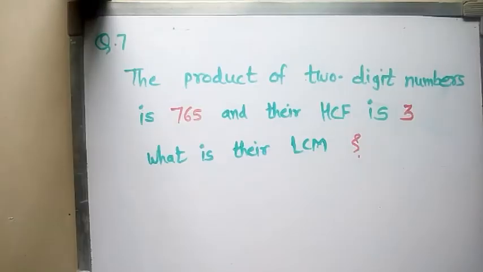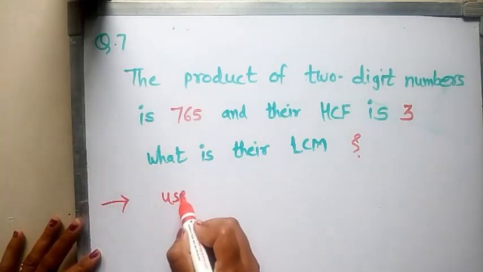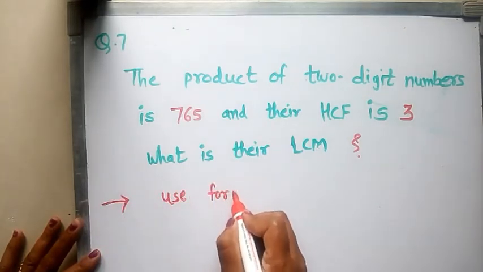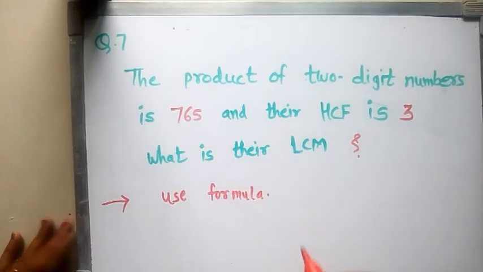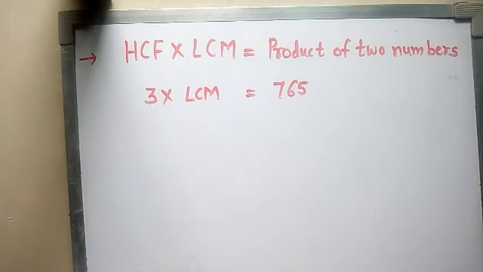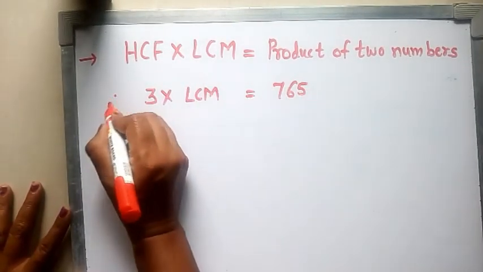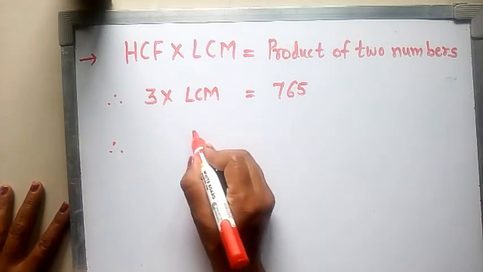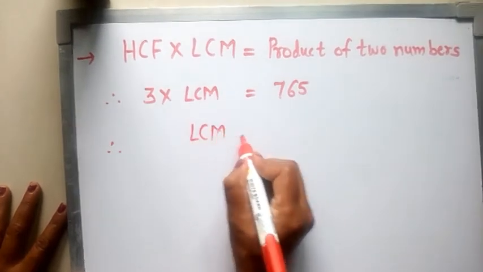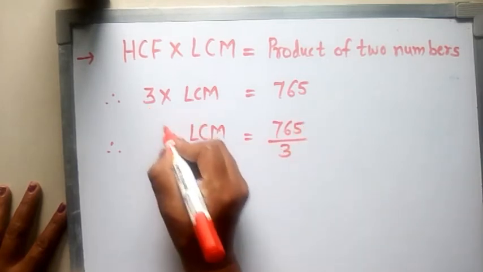Question 7. The product of two numbers is 765 and their SCF is 3. What is their LCM? Write down the formula of SCF and LCM. 3 into LCM is equal to 765. LCM is equal to 765 divided by 3.